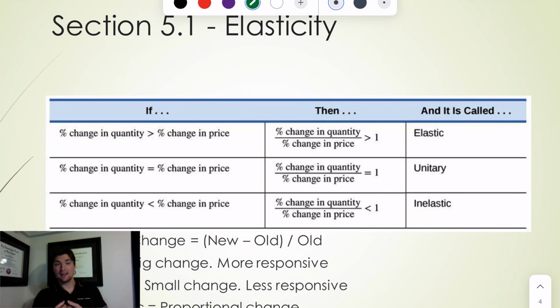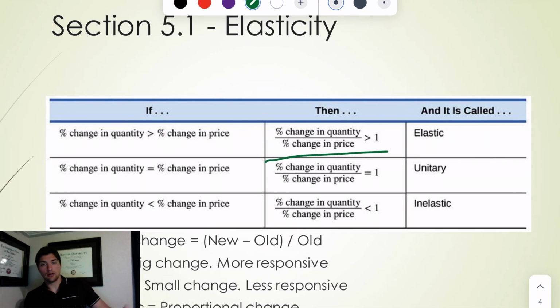So if it's a big change in quantity, that's going to be something that is elastic. How do you know it's elastic? You're going to do the calculation, and you're going to get a number that is greater than 1. So 1.5, 5.5, 5.4, 1.01, all of those numbers are going to be elastic because they are greater than 1.